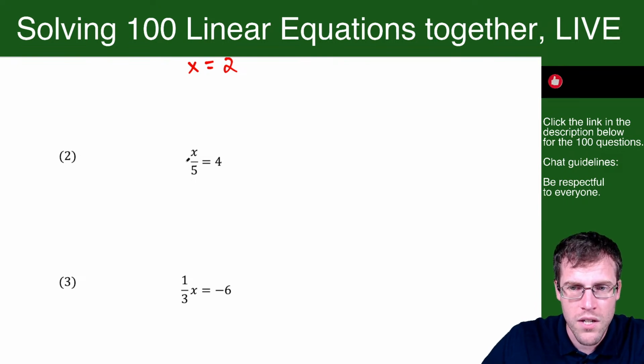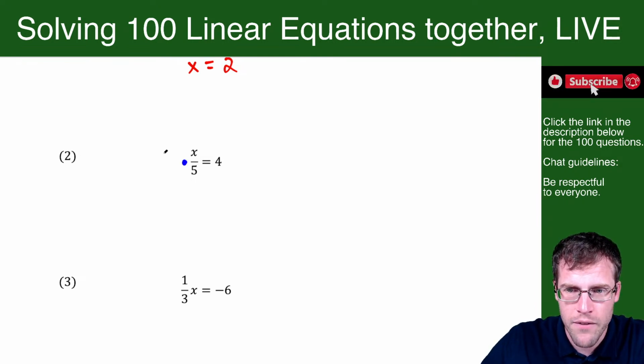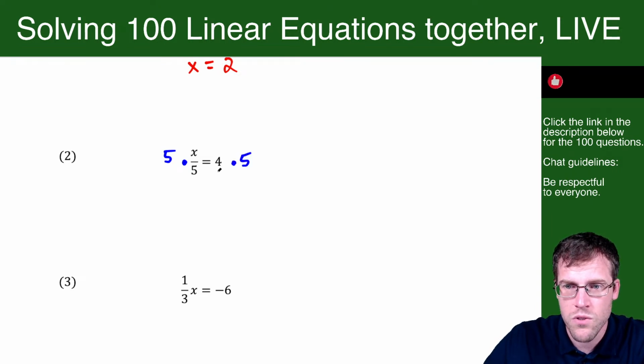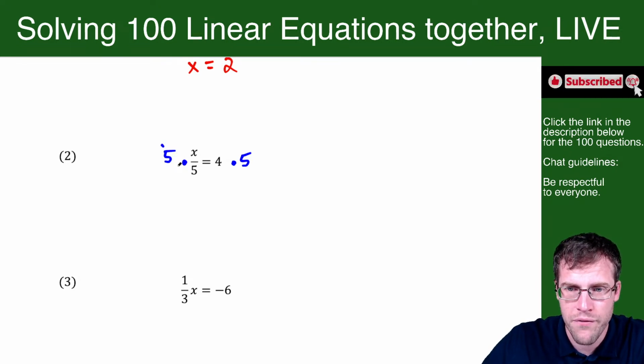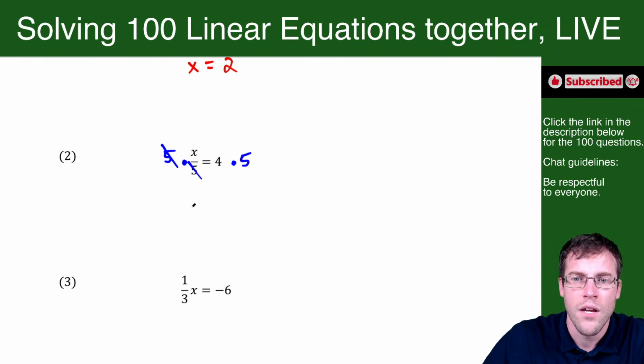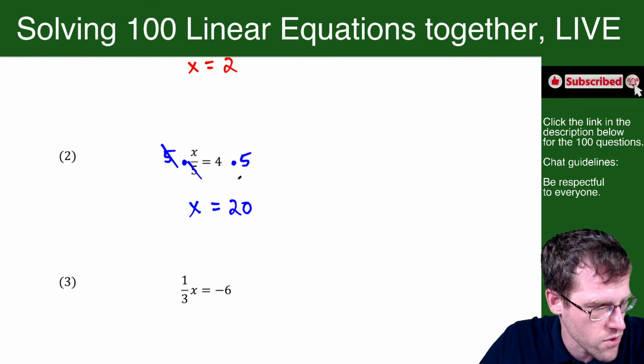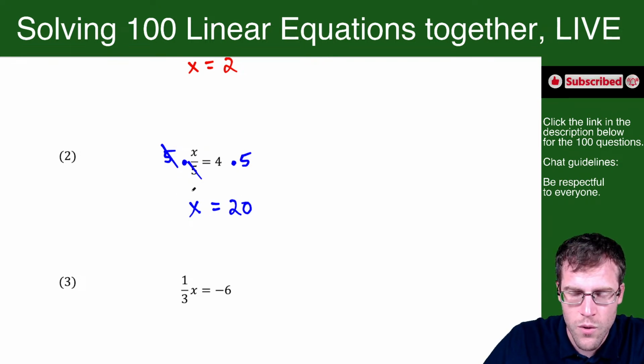So to get rid of that divide by 5, I would multiply by 5. But whatever I do to the left side, I have to do the same to the right side to keep that equal sign strong. So now 5 times x over 5, the 5 over 5 will cancel. And now we're going to have x is equal to 4 times 5 is 20. Okay, so x equals 20 is our solution to the second question.